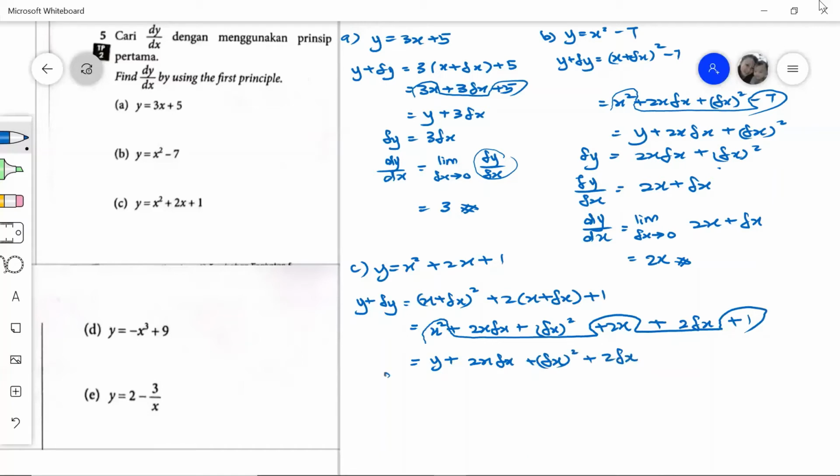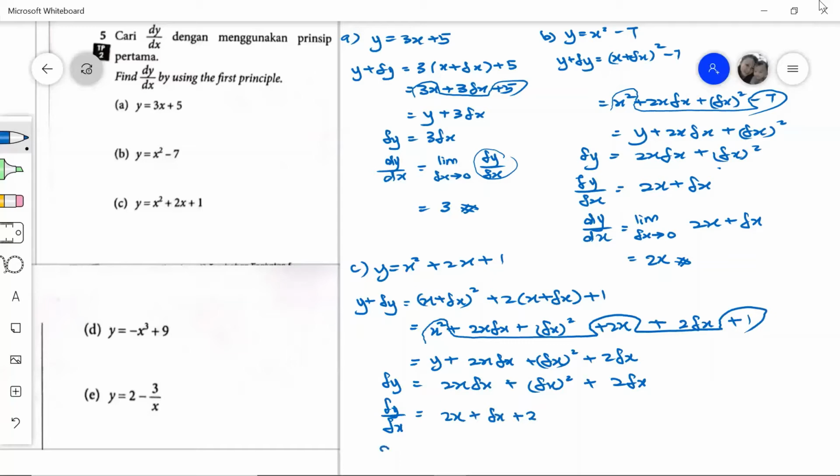Obviously, del y is equivalent to 2x del x plus del x squared plus 2 del x. We need to get del y by del x, dividing both sides by del x, so we're left with 2x plus del x plus 2.